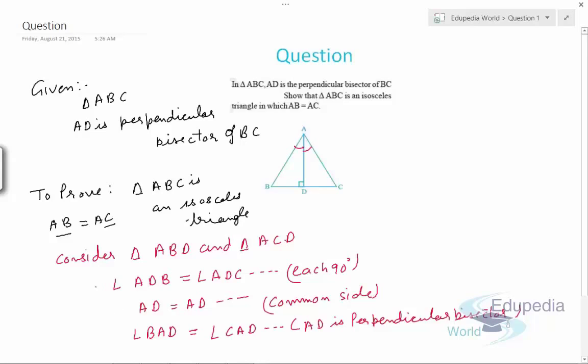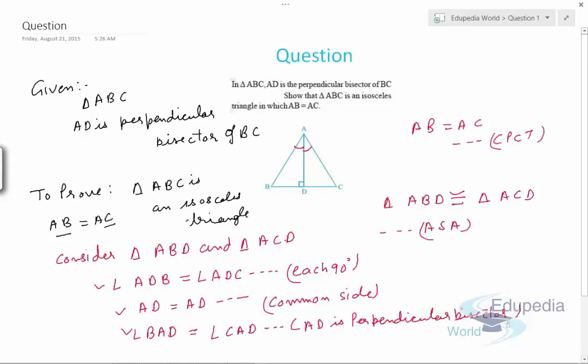So we have three conditions, 1, 2 and 3. So we can say that triangle ABD is congruent to triangle ACD by ASA rule. So these two triangles are congruent by ASA rule. So we can say that AB equals AC by CPCT.